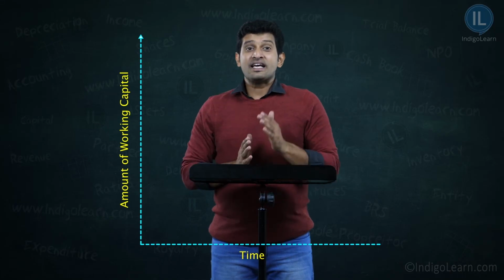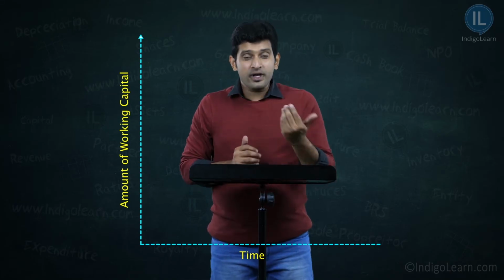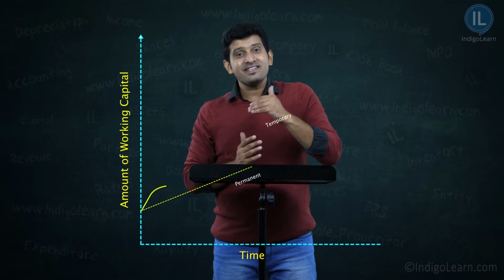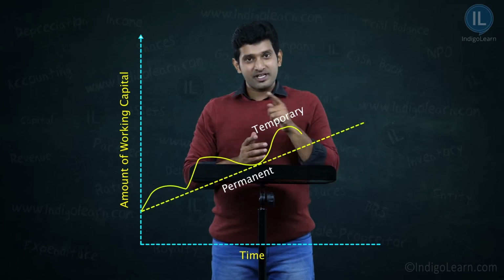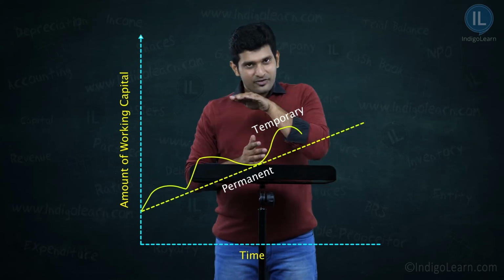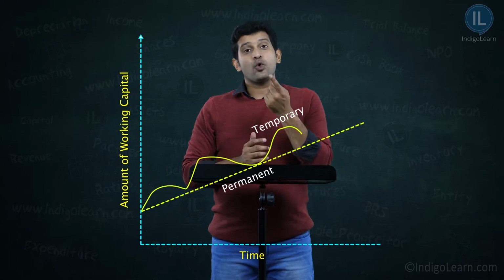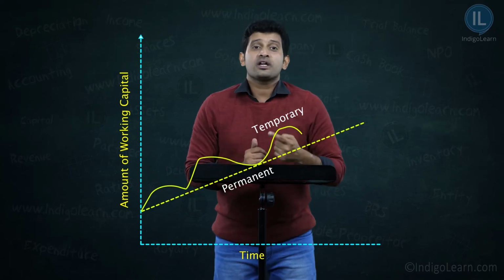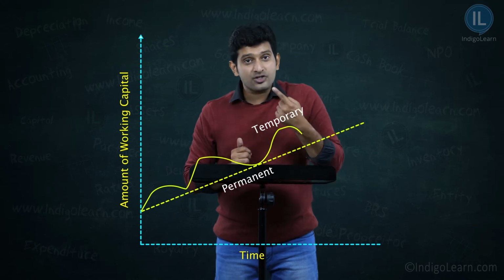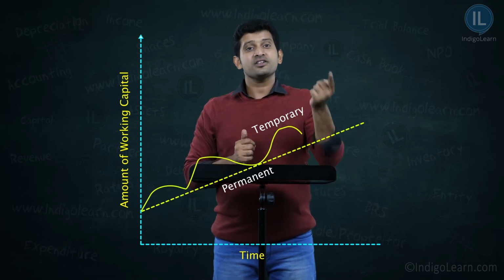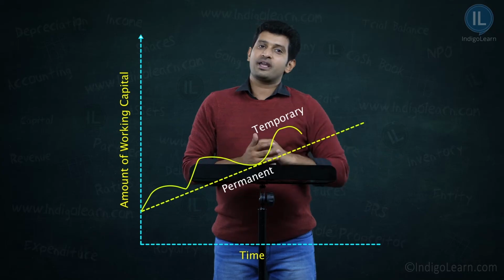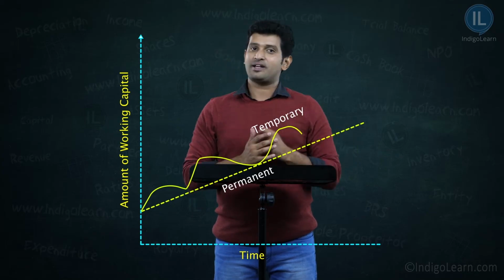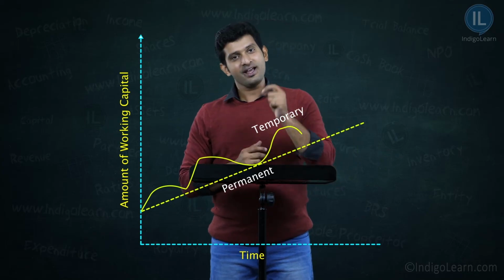Only point is, as the company is growing, there will be an increase in the permanent working capital. Therefore, you will see an inclined straight line instead of a horizontal straight line. Now, over and above this inclined permanent working capital line, whatever is the working capital required based on the requirement, based on the situation, such excess of working capital over and above the permanent working capital is called temporary working capital.